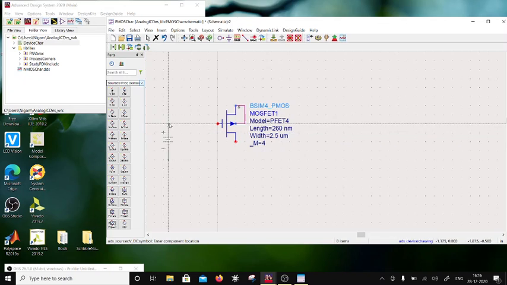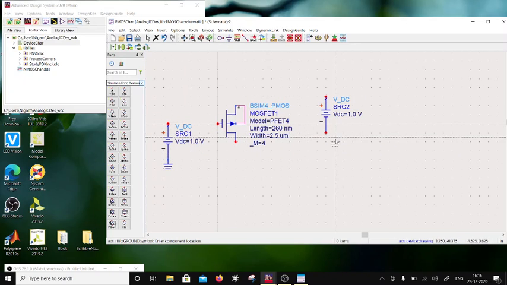One will be VGS, the other will be VDS, but here I will do it this way: this is 2.4, and this one is 2.4 minus VGS. And then the other one will be 2.4 minus VDS.